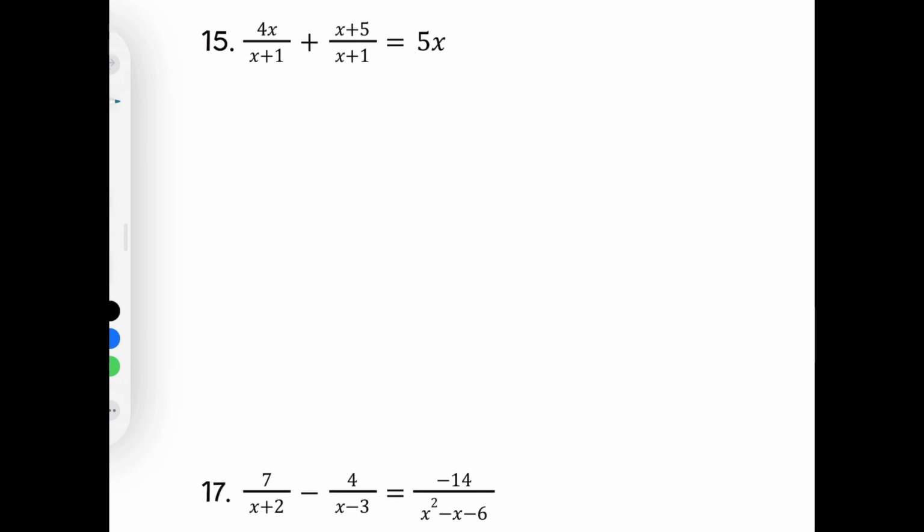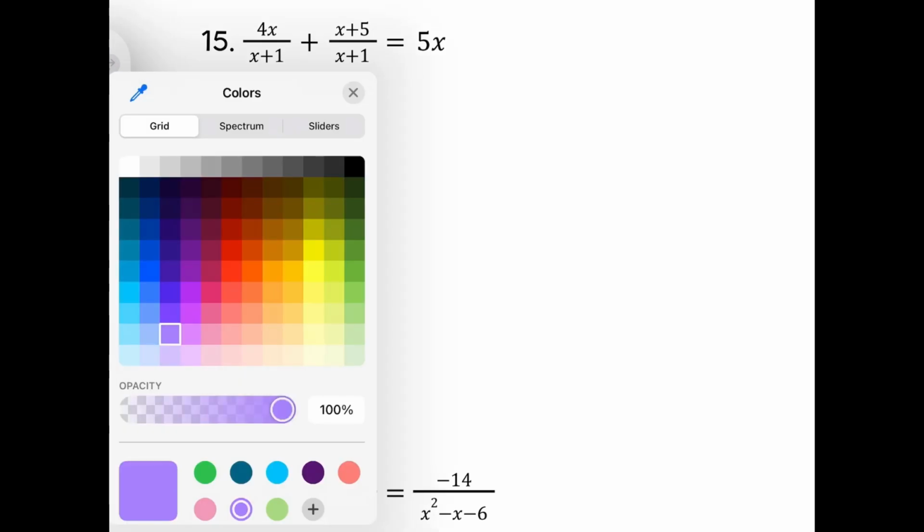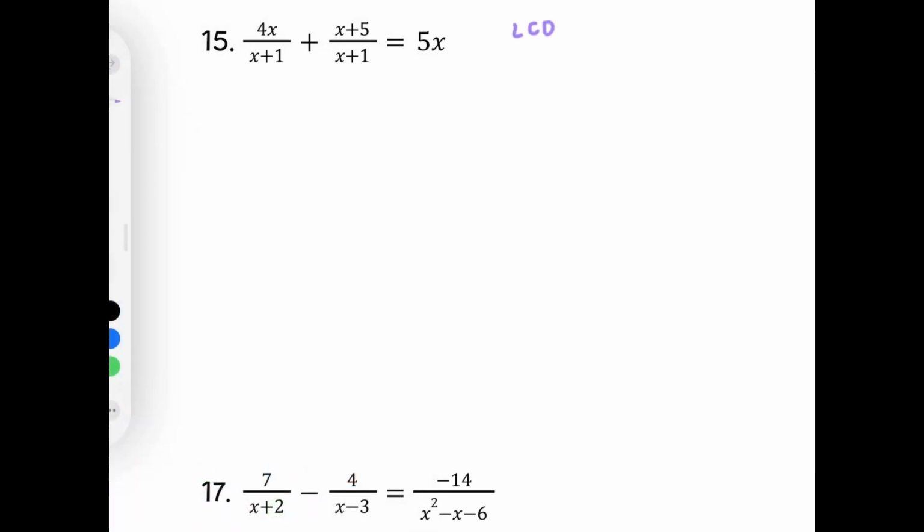Now number 15. Because we have this plus in between and three different pieces of this equation, we have to find a least common denominator to be able to solve. First I'm going to find my least common denominator, and then we'll find our restricted domain. For our LCD, you're looking for what they all already have in common. This one technically has a 1.